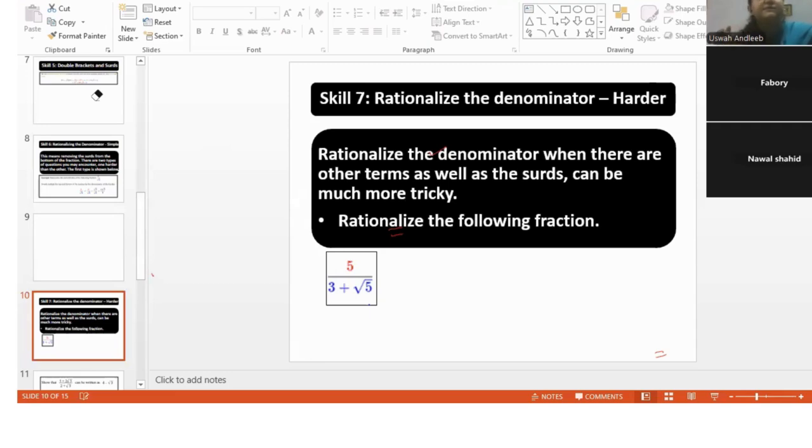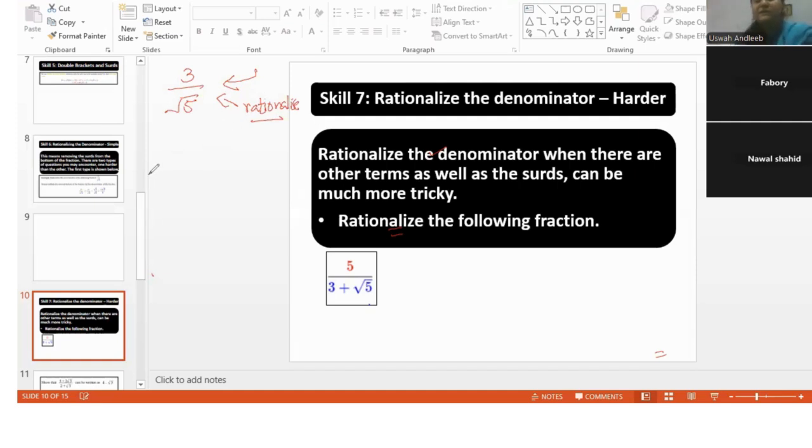Obviously, all the other skills hold importance, but this is important. For example, a very basic question like 3 over under root 5, and he asks you to rationalize it. Even if he doesn't ask you to rationalize it, and you are given such an expression in a question, keep in your mind that it is compulsory that you rationalize it. Don't ever solve it without rationalization. The question will become very complex and you won't be able to handle it.